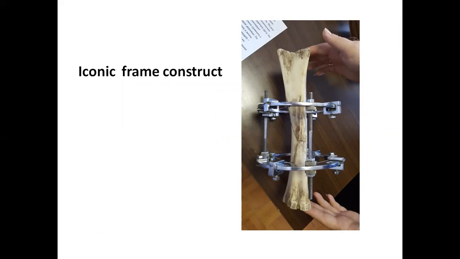And whenever Elizarov went outside for a lecture, even to a foreign country, he used to bring this type of assembly with him for delivering the lecture. If you have the opportunity to go to Kurgan, you can touch this and have a photo with it. And this is a veterinary bone with the initial Elizarov ring fixator. Now the ring pattern and many things have changed a little bit, so I am going to the details of that.